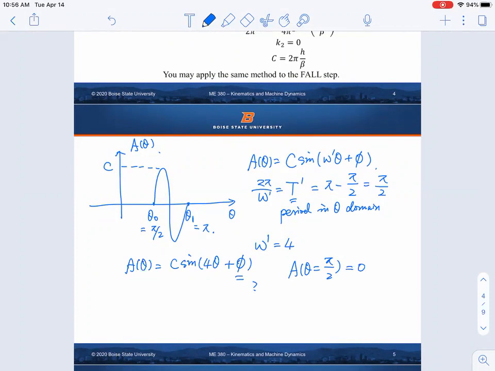The other way to find your phi is that, okay, you see that your entire function is shifted to the right by theta naught. So the other way to find your function A(theta) is c sine 4 times theta minus theta naught. So that's how you shift your entire sine function to the right by theta naught.